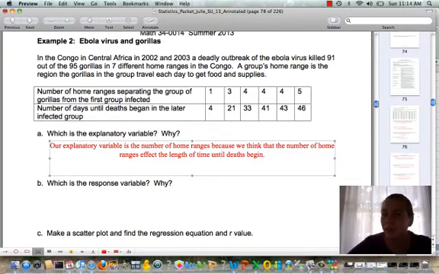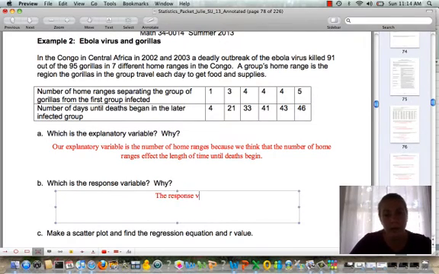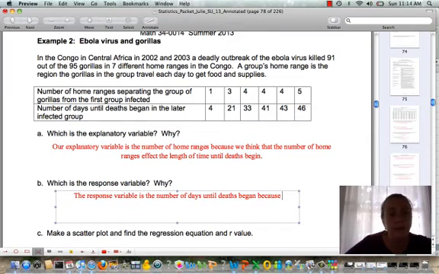When we're thinking about the explanatory variable, that's very similar to the x variable, and when we do the regression equation, the explanatory variable is usually in the x place. The response variable, or the outcome, in this case will be the number of days until deaths began. And this is because the number of days until the deaths began are the outcome of the distance away the gorillas are.